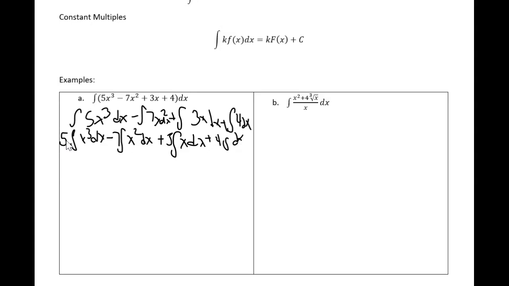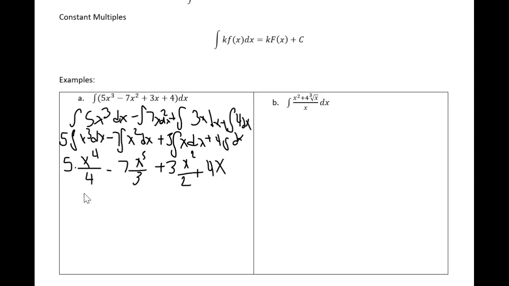So using our power rule that we defined up in the rules, we have 5, and then this one we bring up 1, x to the 4th, and then divide it by that power, minus 7x cubed over 3, plus 3x squared over 2, and then over here we've got plus 4x.